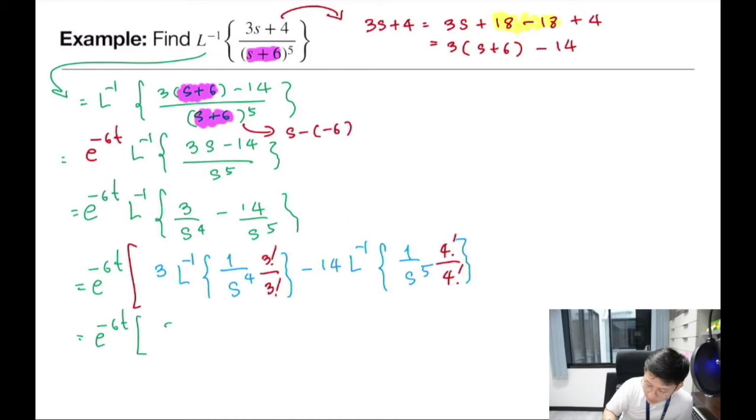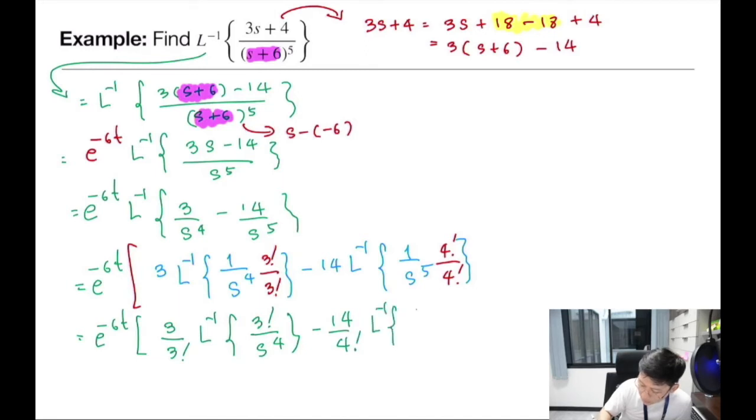Here I will get 3 divided by 3 factorial, L inverse of 3 factorial divided by s to the 4, minus 14 divided by 4 factorial, L inverse of 4 factorial divided by s to the 5. Okay, and that would be e to the minus 6t.